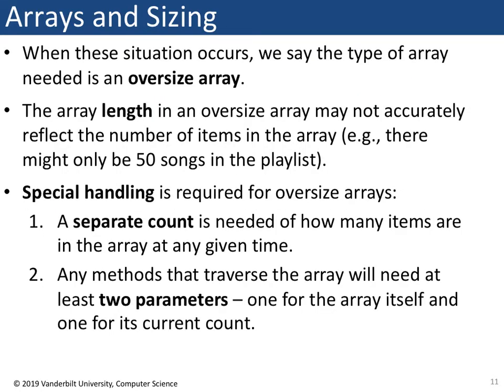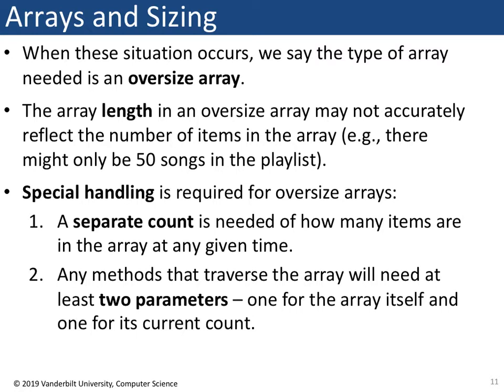So in this situation where we don't know the number of array elements that are going to be needed to store whatever it is we're trying to store, we would say we need to use an oversize array. That's an array that is larger than necessary to ensure that it has enough room to store everything needed.